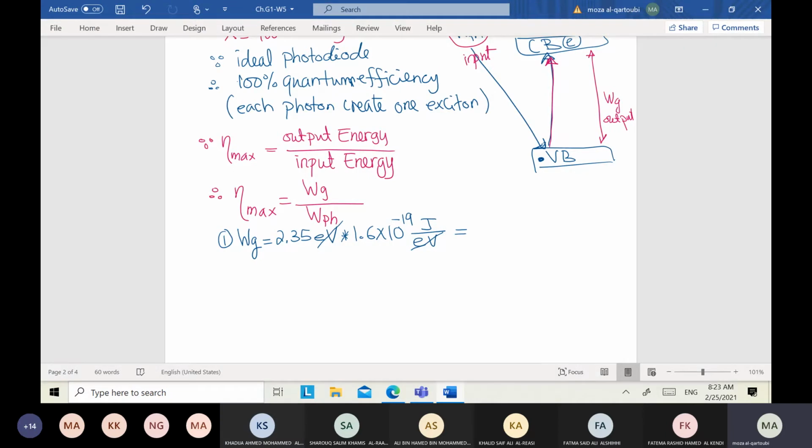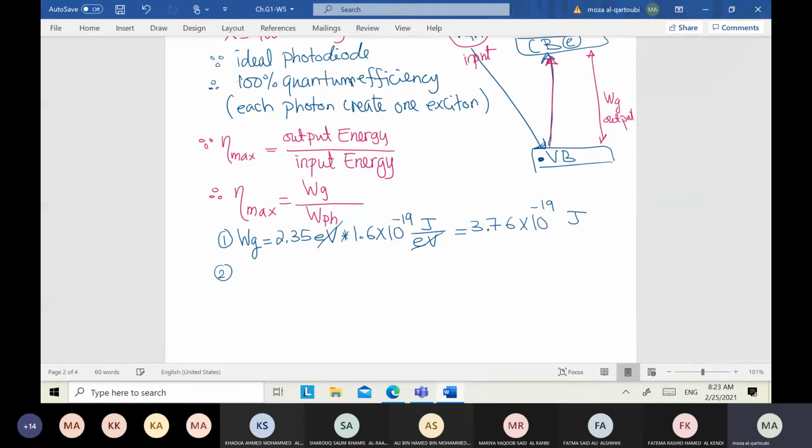So this is the output energy here, equal to 3.76 times 10 to the power minus 19 joule.